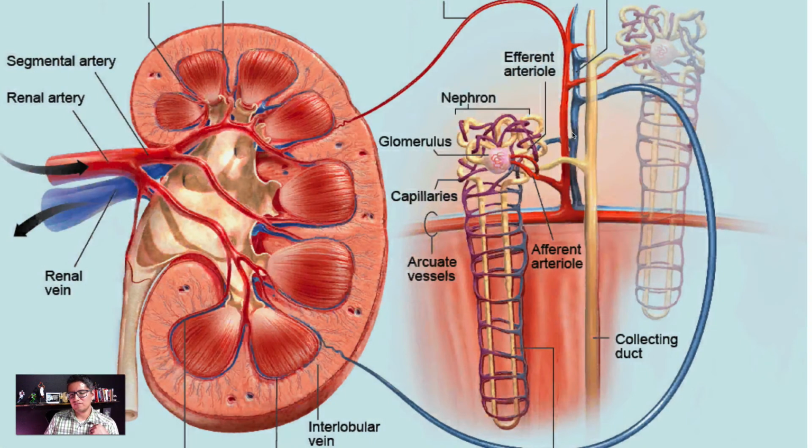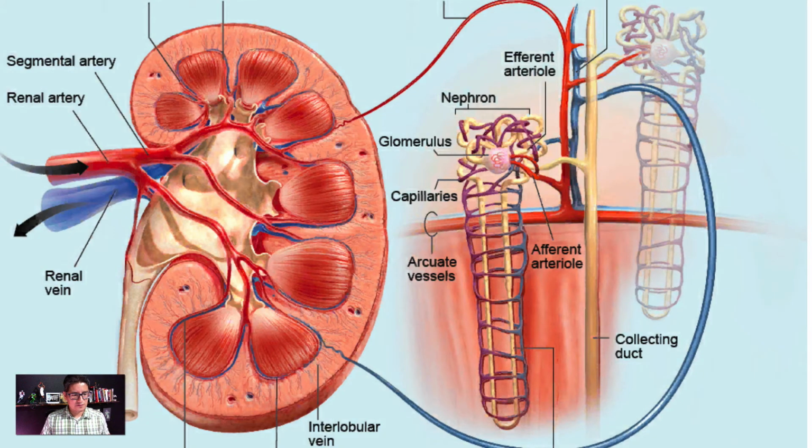So it goes from efferent to the arcuate vein, and then into the interlobular vein, and then out the segmental vein, and then eventually out the renal vein, and then back into the heart, and then to the lungs, and what have you.